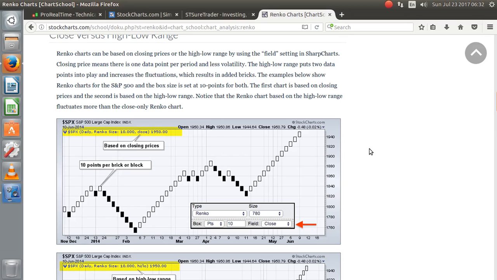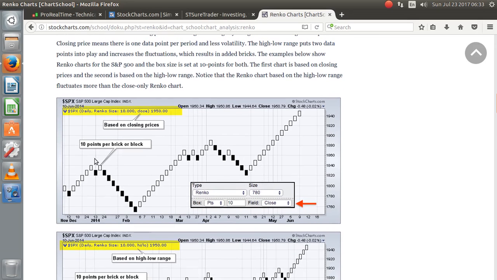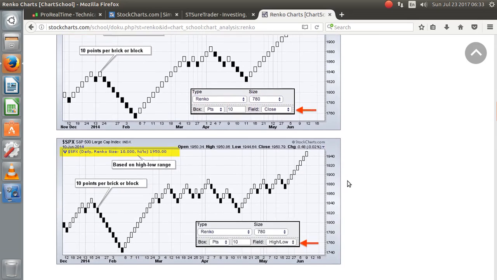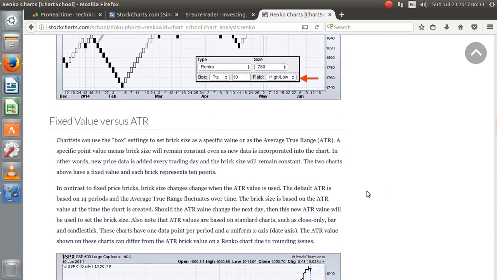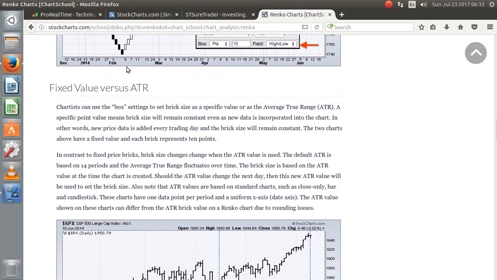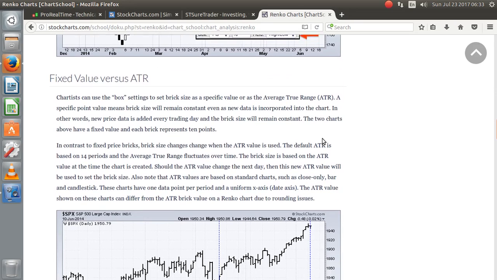But if you're trading something that's over $1,000, for example, or 1,000 rupees, you may want to use a $10 block size. But there's an easy way around it, which I'll be showing you. You can read all about this here in Chart School on stockcharts.com.